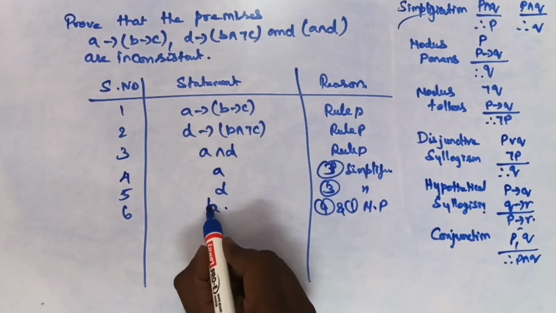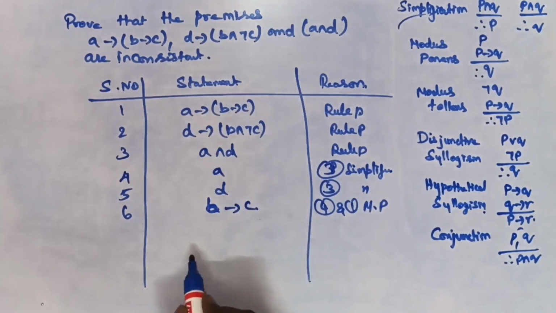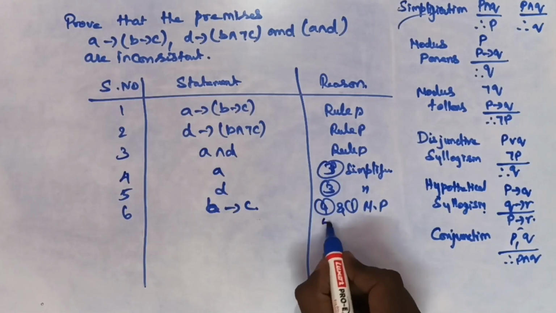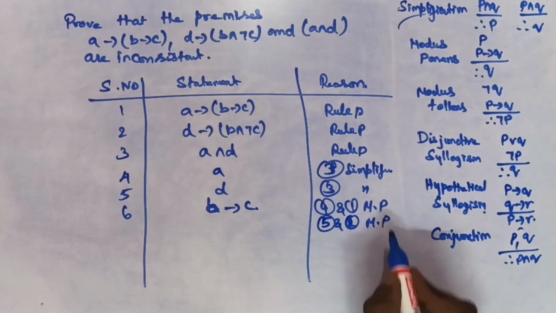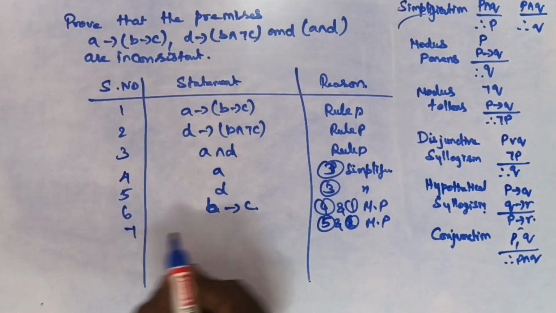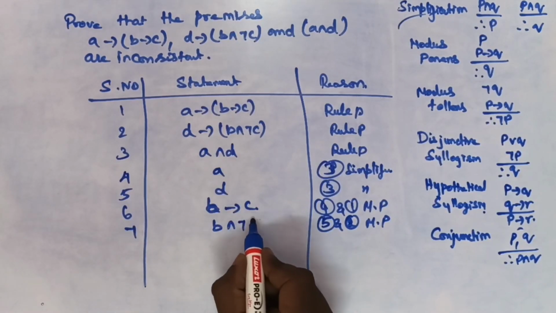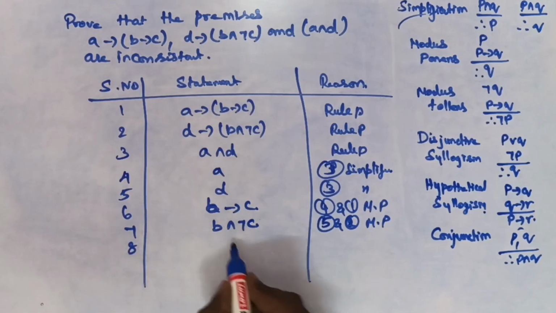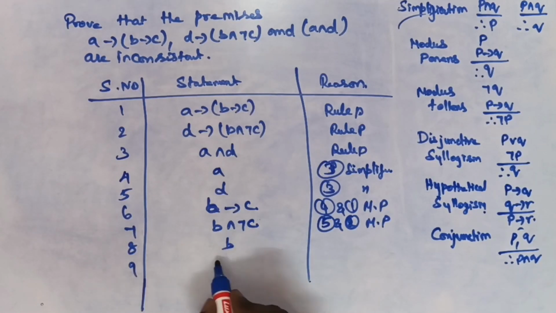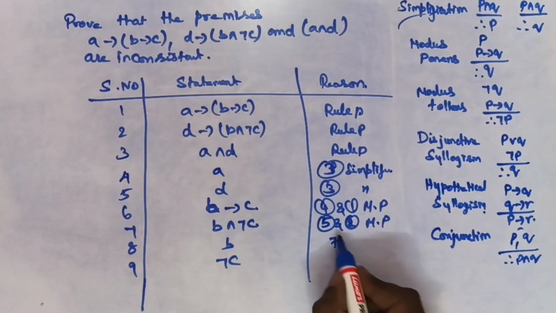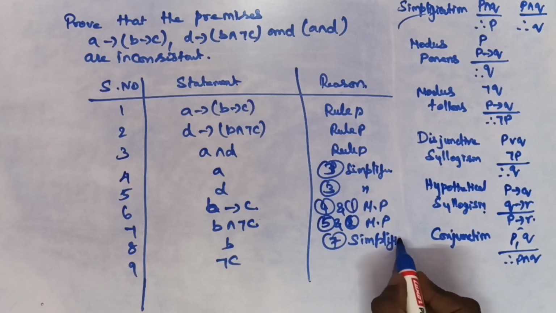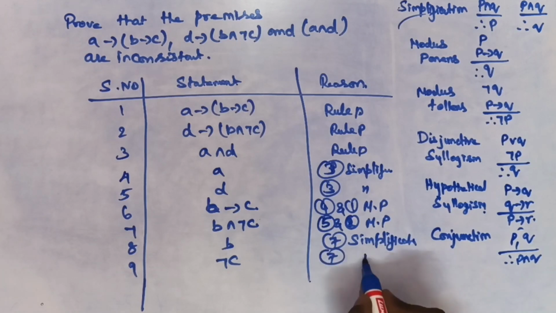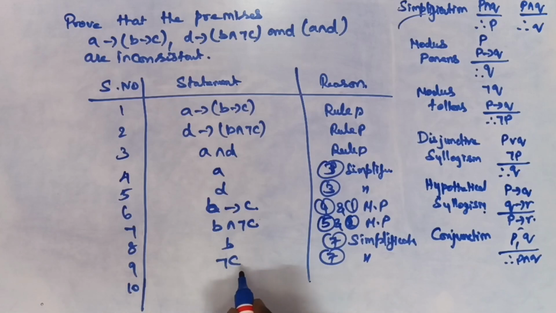Sixth one, 4 and 1, MP, modus ponens, so you will get B condition C. Seventh one, 5 and 2, modus ponens, so that is going to be B and not C. Eighth, simplification, B. Ninth one, not C, 7 simplification. Tenth one, not C and B, what you will get.